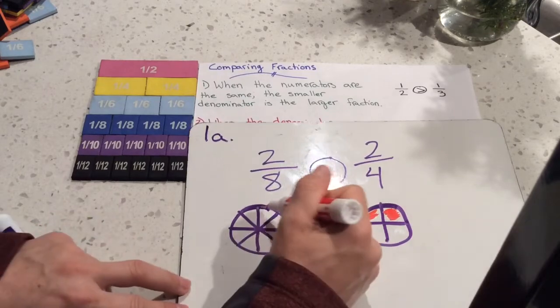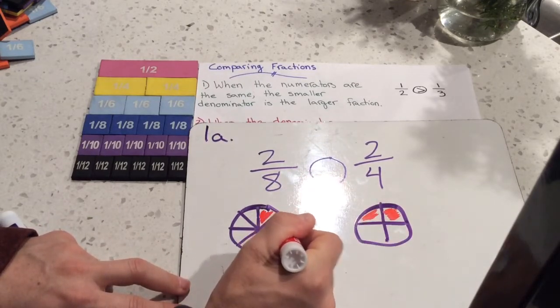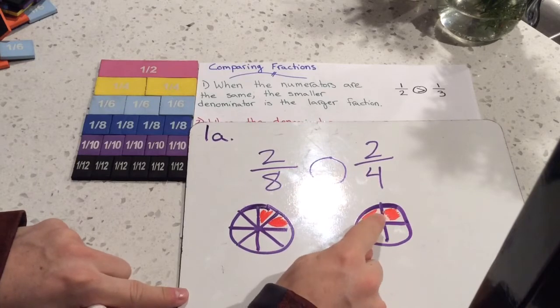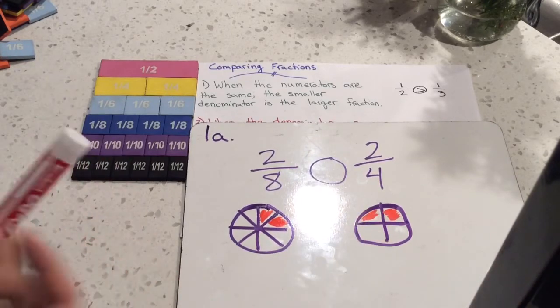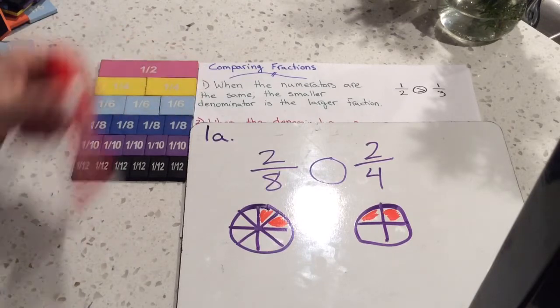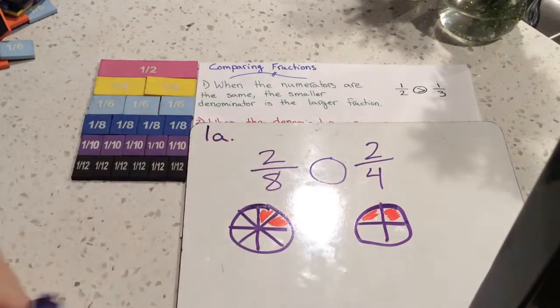And I can do the same for 2/8. There's 1/8, and there's 2/8. This visual is helping me see that 2/4 is greater. It's taking up more of the pizza or the pie or the circle. But if we're going back to our rules here, it says when the numerators are the same, the smaller denominator is the larger fraction.